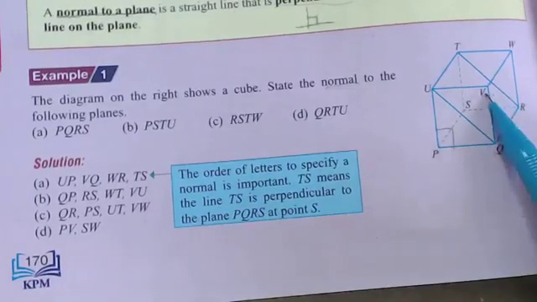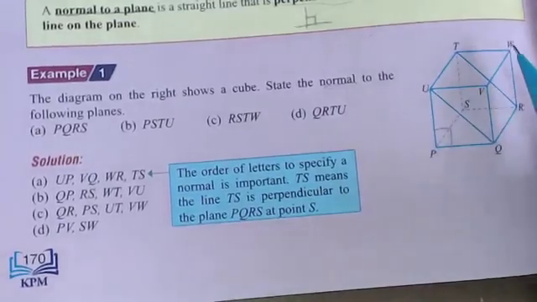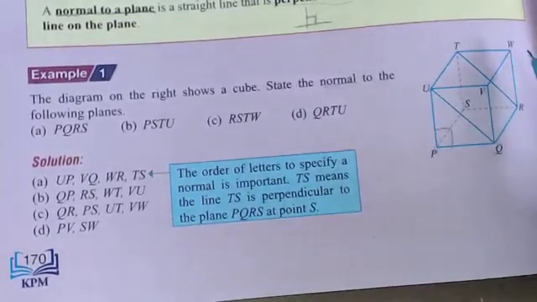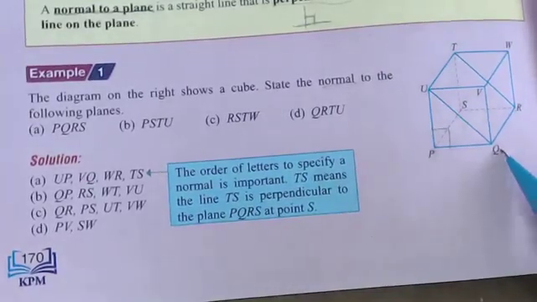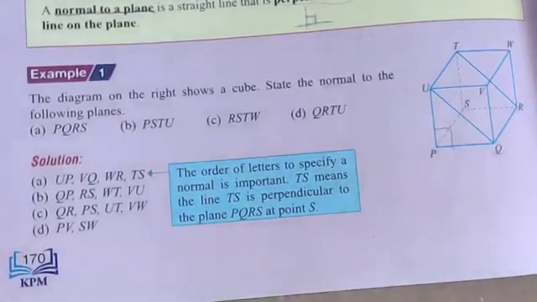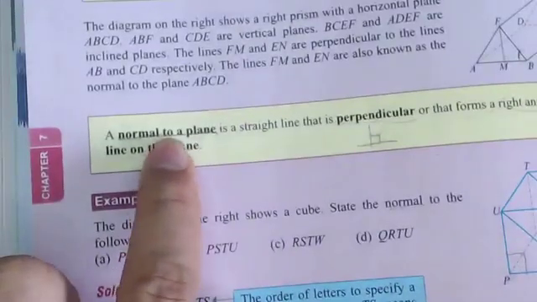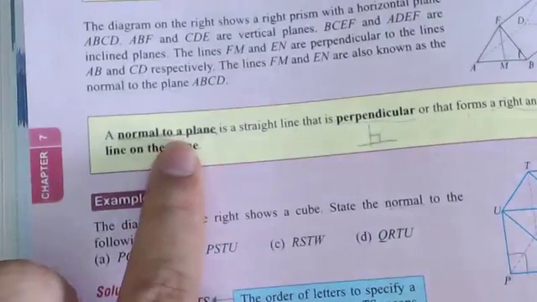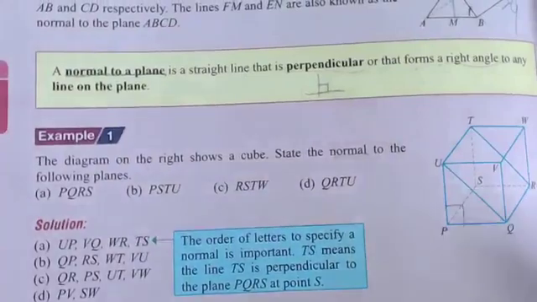VQ. Another example, VQ. Next, TS, WR. TS and WR. How about line UQ here? Not a normal to plane PQRS. This is how we say things.